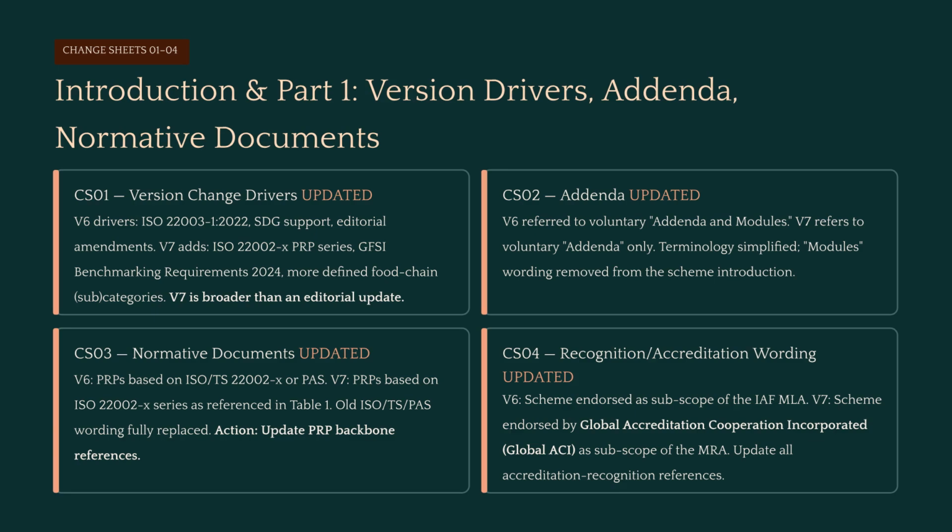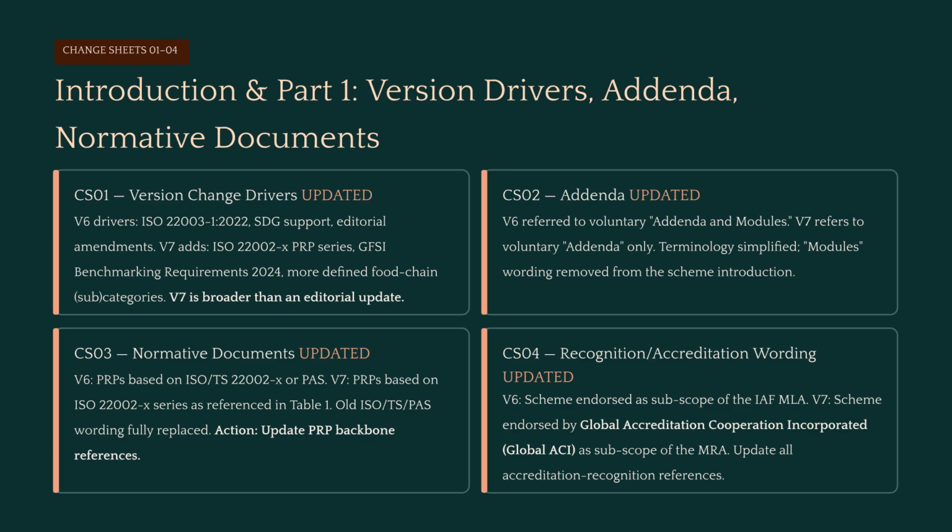Now, in version 7, the main normative force comes from the new ISO 22002-X prerequisite program series and from the GFSI 2024 benchmarking requirements. This is a major shift because it ties the scheme more closely to the latest international expectations for food safety certification. It also helps ensure that the scheme remains relevant in global trade, retail recognition, and certification benchmarking.